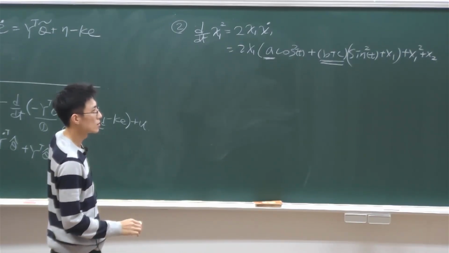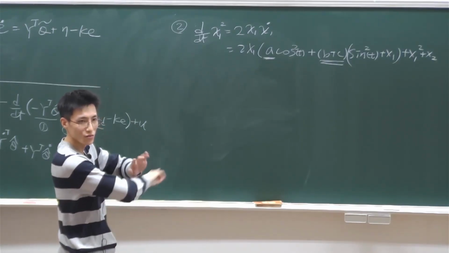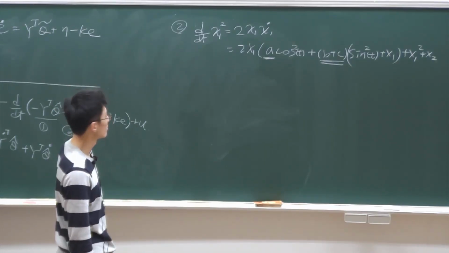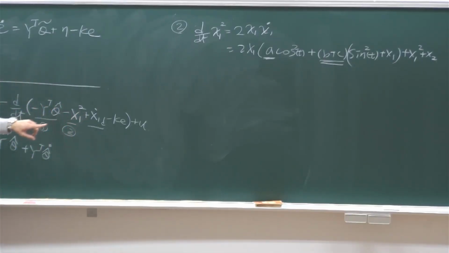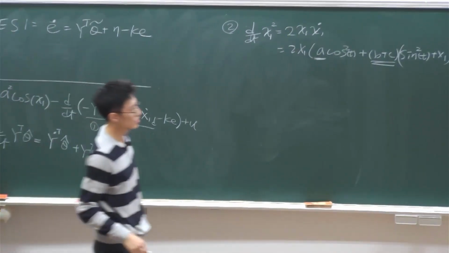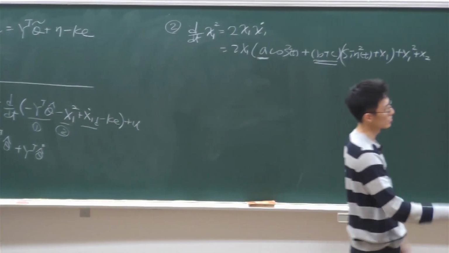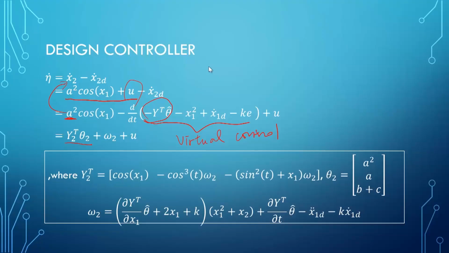Omega 2 is that, you expand all these terms, and you can regroup terms, where the way you regroup terms is you put all the unknown constants in theta 2 and the corresponding regression matrix, okay?